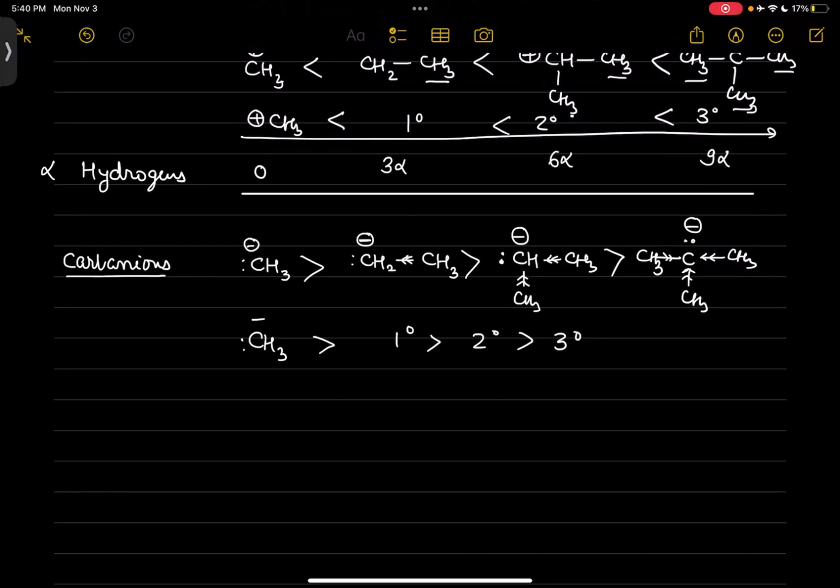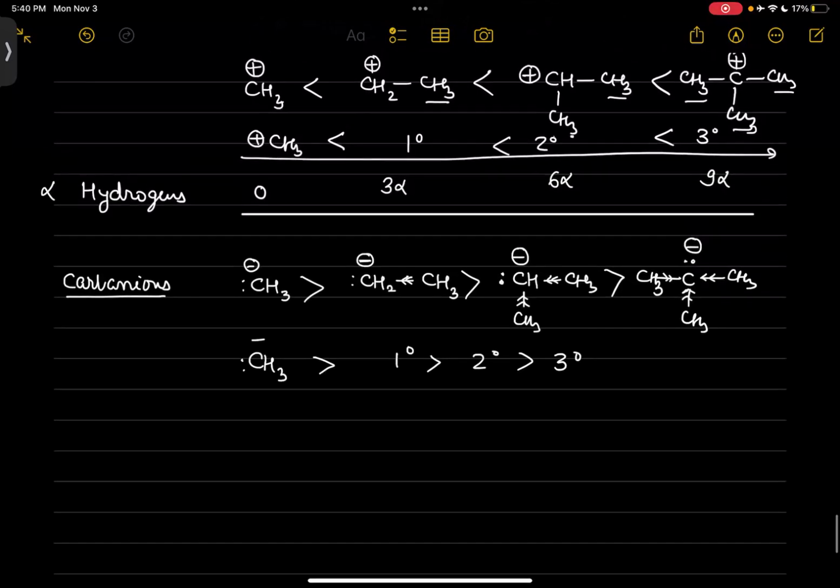So because they are more electron rich, how will their stability be affected by the CH3 groups present on them? You can try to explain a little bit. I will help you out.